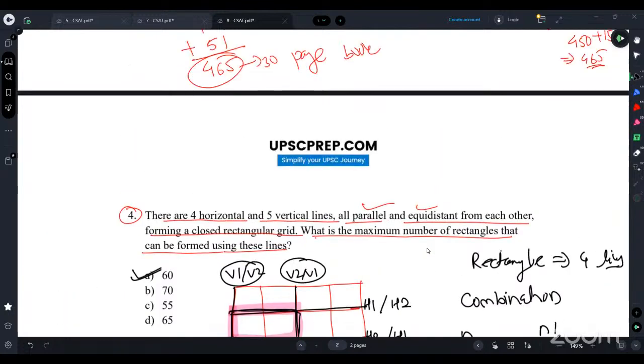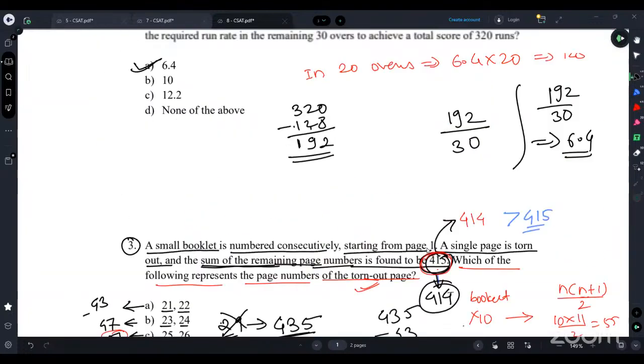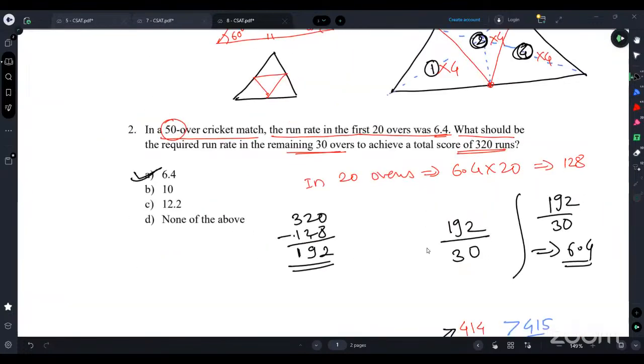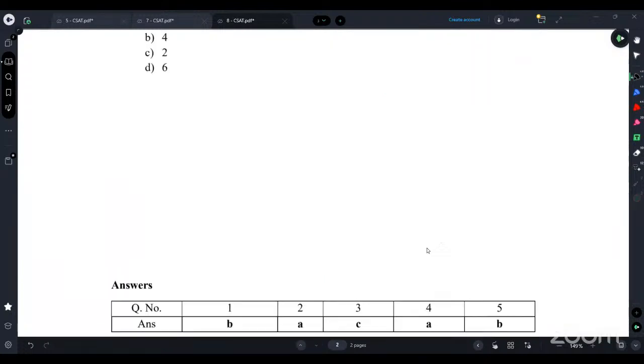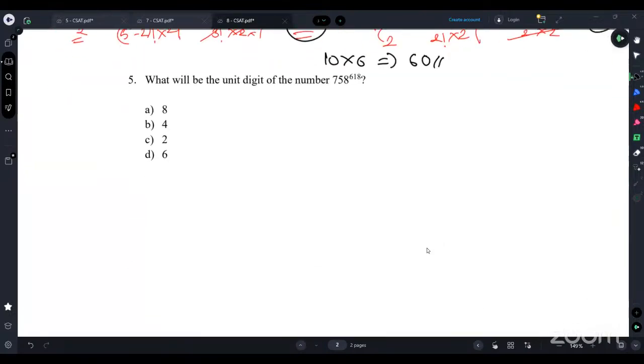Question 2 from this. We just solved question 2. Question 5. Okay, only one question is remaining out of this set, guys.